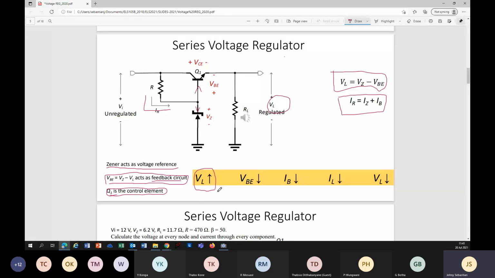If VL is trying to increase, what is happening to VBE? Remember, voltage at the base is Zener diode, voltage at the emitter is load voltage. So this second one is trying to increase. What happened to VBE?